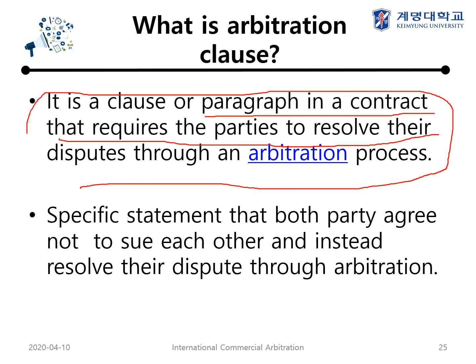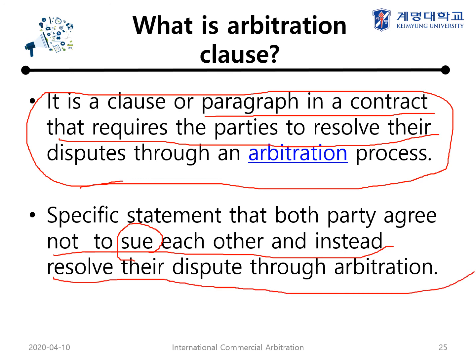So this is the statement, a specific statement that both parties agree not to sue each other. It's like an oath of promise that a party is not going to sue one another. Instead, they're going to resolve their dispute through arbitration.